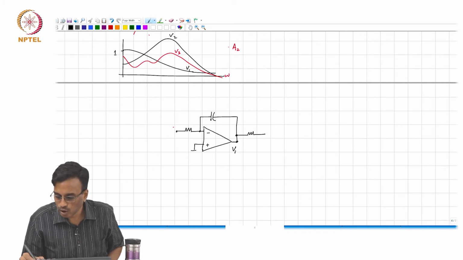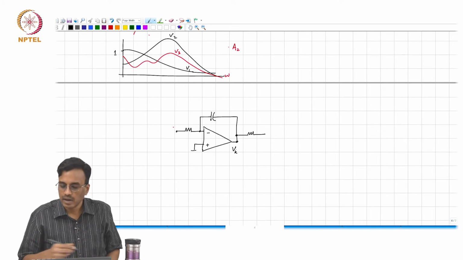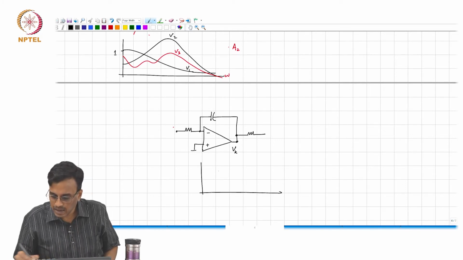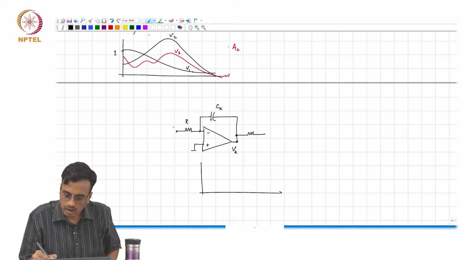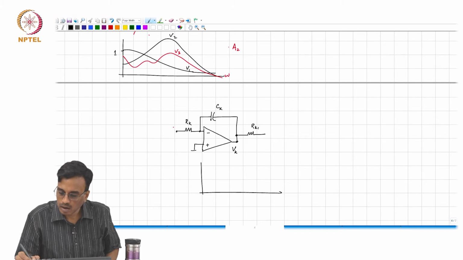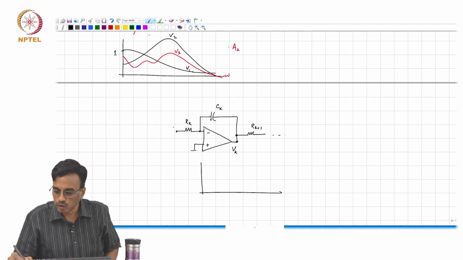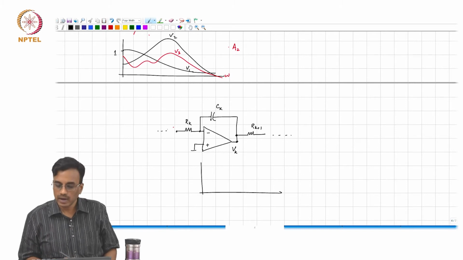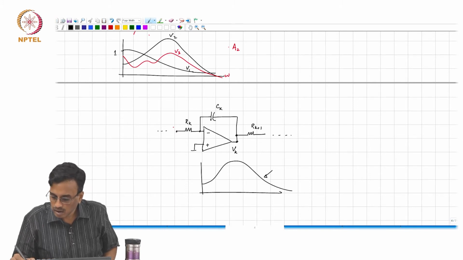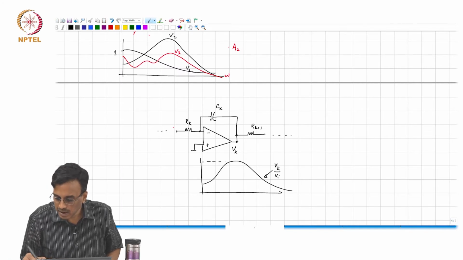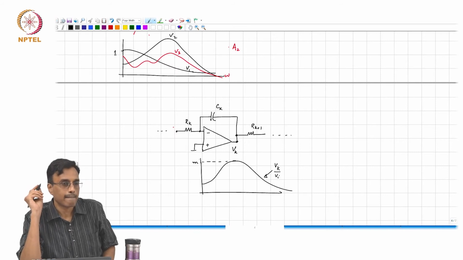So let's say this is the kth op amp, and let us say we plot the peak gain at Vk, and then this goes on, and let us say we have a peak gain Vk by Vi, and that peak gain is say M.